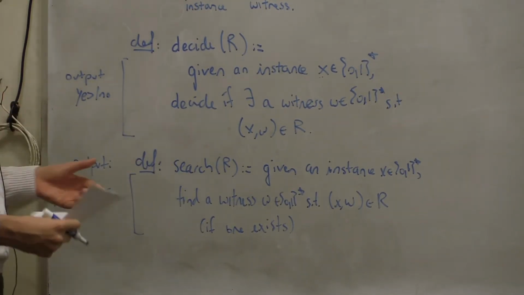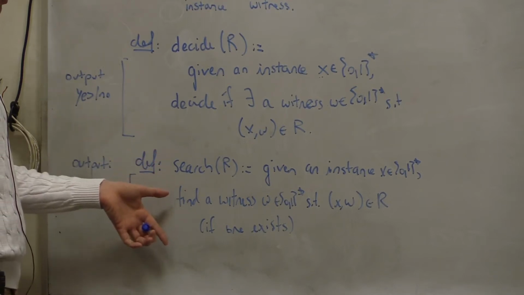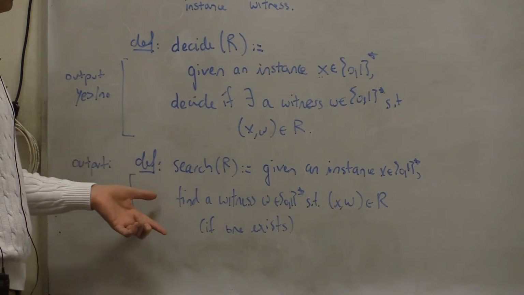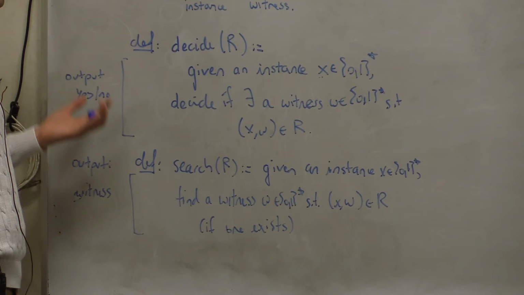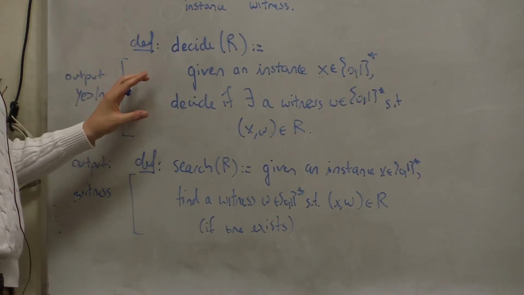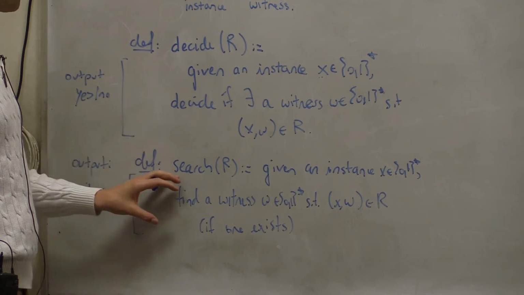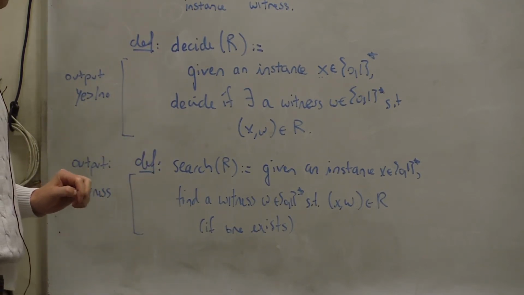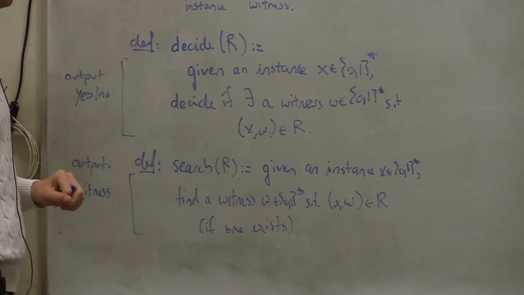Now clearly, if you are able to solve Search R, then you're also able to decide R, because if you did find a valid witness, then it is because there is one. If you didn't, then it's because there isn't one. Less clear is whether, if you can solve Decide R, you are able to solve Search R. I think at some point there might be a homework problem where you will see that there's actually a reduction the other way.